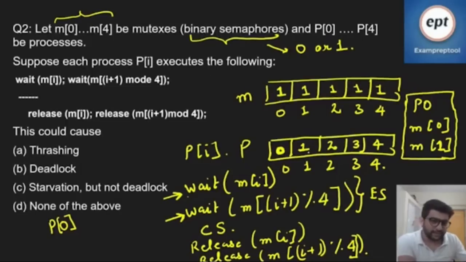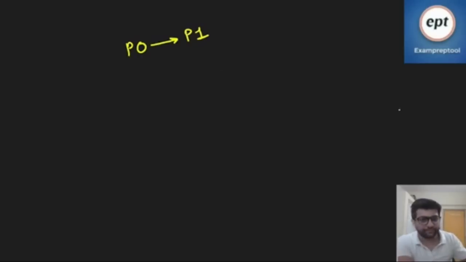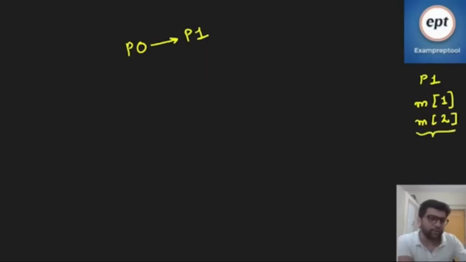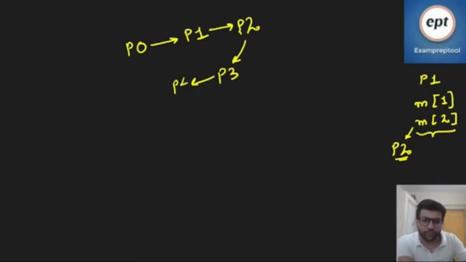Similarly, the P1 process was waiting for the mutex M1 and then it is waiting for the mutex M2. However, M2 has been locked by the process P2. So P1 is waiting for P2, and similarly P2 is waiting for P3, P3 is waiting for P4, and P4 is waiting for P0.